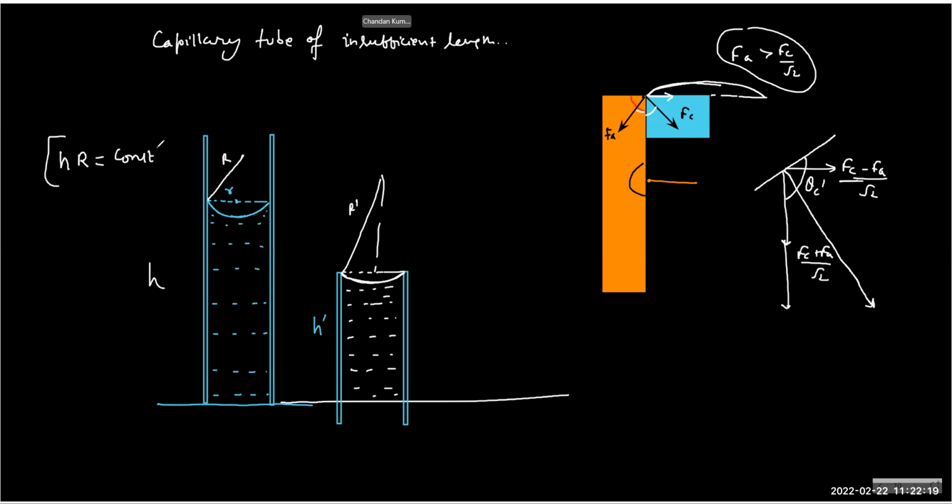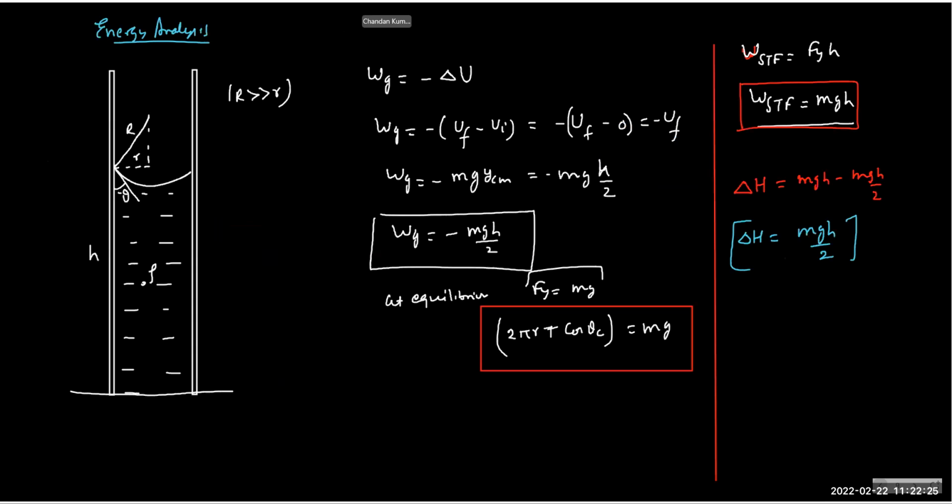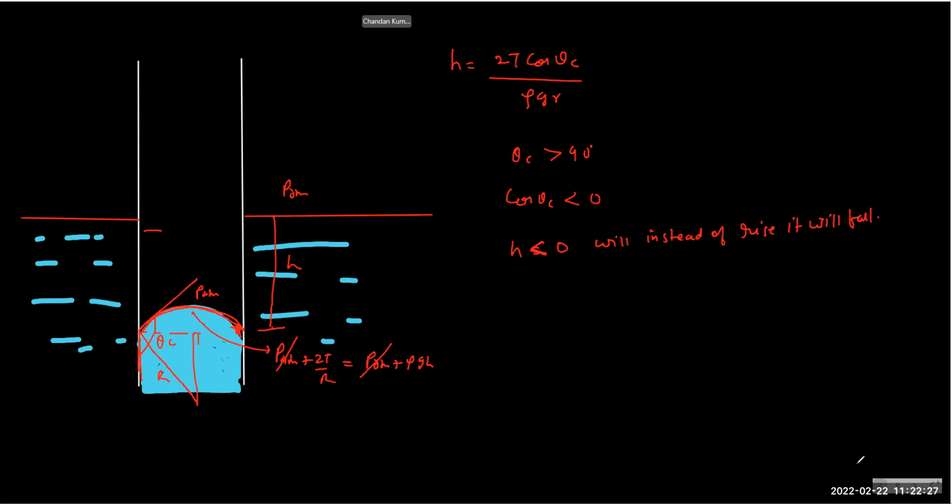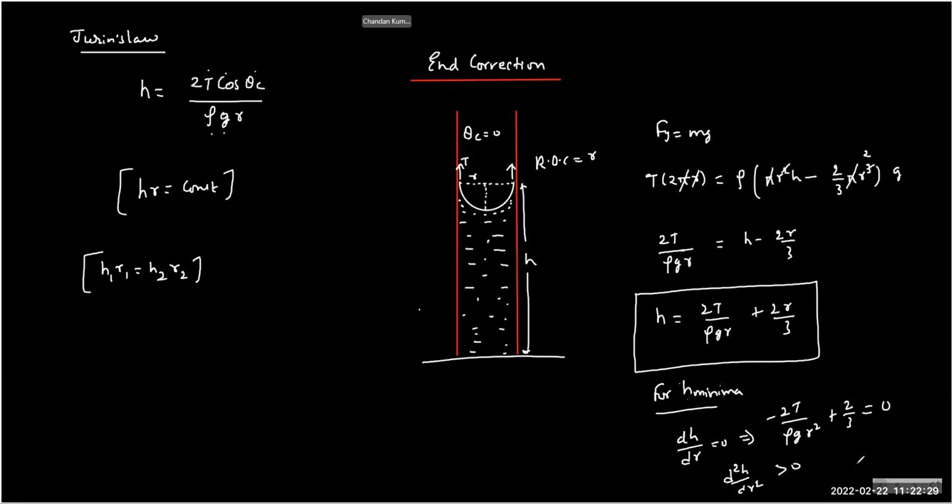This is something different. Here the r is curvature, not radius of capillary, and in Newton's law, the r was radius of capillary. So you must bear this difference in mind while solving numericals.